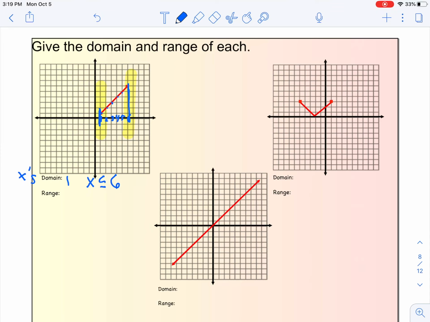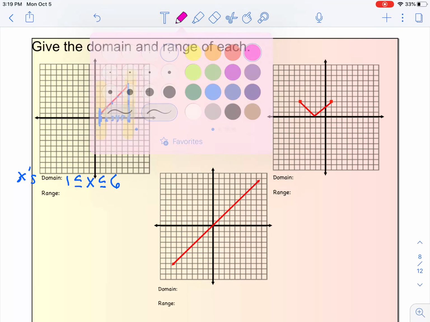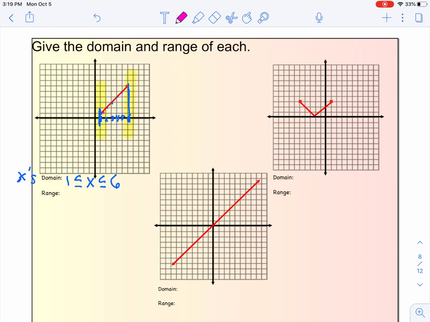They are less than or equal to 6, and greater than or equal to 1. So that's the domain. It's a lot trickier when it's continuous because we don't only have a value at 1 and 2, we also have a value in between at 1.5 and at 1.1 and all kinds of other values on that line.